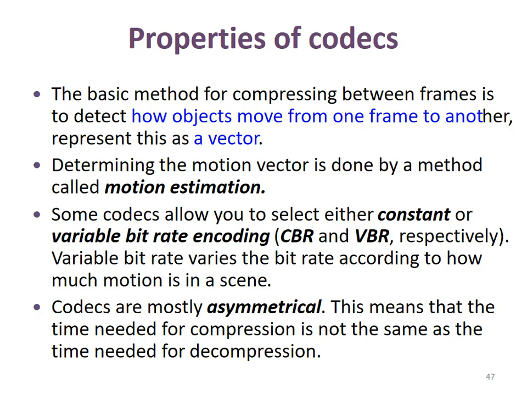Okay, and the next keyword is asymmetrical codec. That means usually we put a lot of effort into the encoding part. So the algorithms are usually very complicated, with high computational complexity. But the decoding part is relatively easy and fast. So we call this an asymmetrical structure.